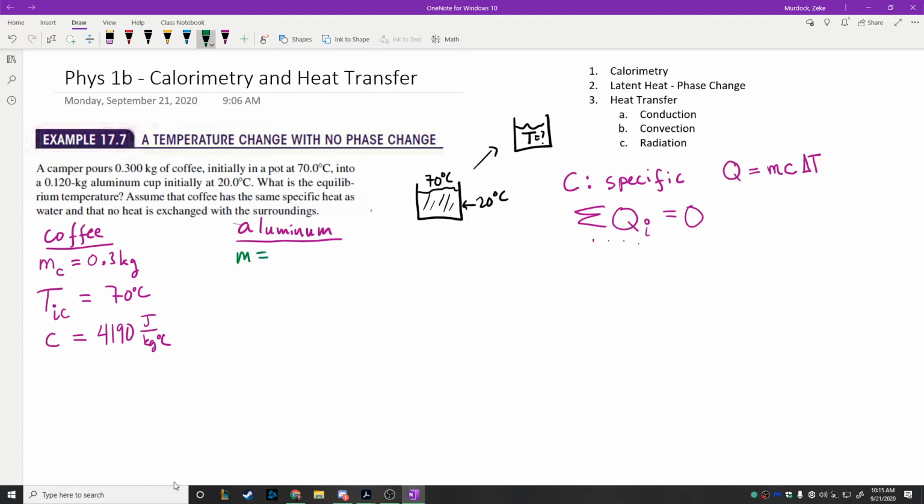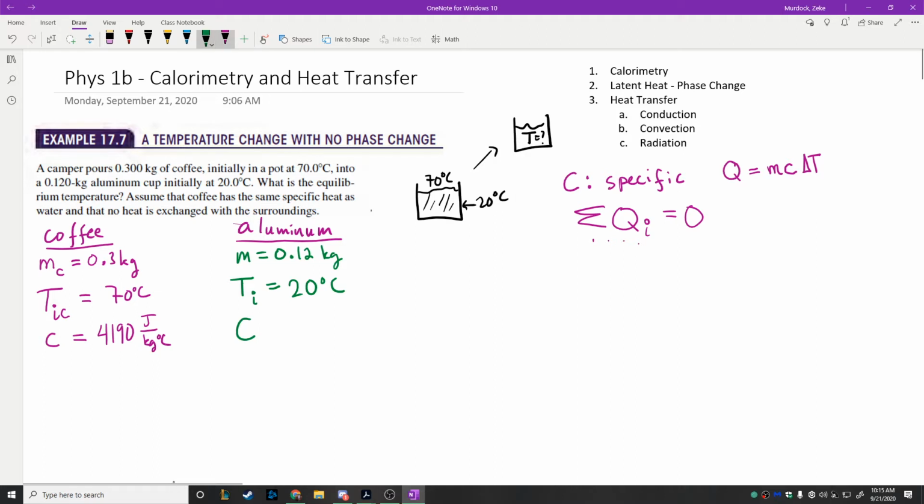Okay, so the aluminum has a mass of 0.12, and an initial temperature of 20 degrees Celsius. For the sake of keeping things simple, let's only put subscripts on the coffee.